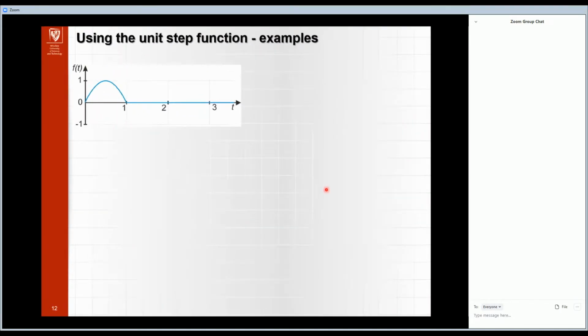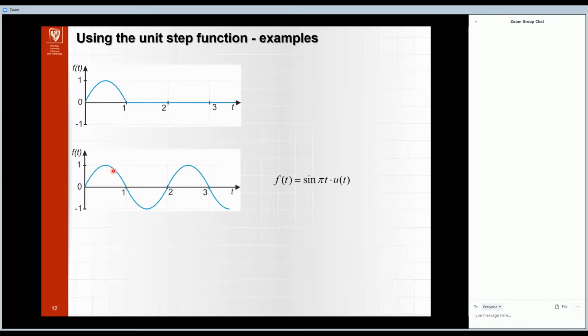Okay, and so we can try now to use the unit step functions to describe such a function. It is half of a sinusoid from 0 to 1, and after 1 it is equal to 0. So we can imagine the sine function. So we have the sine function multiplied by u(t).